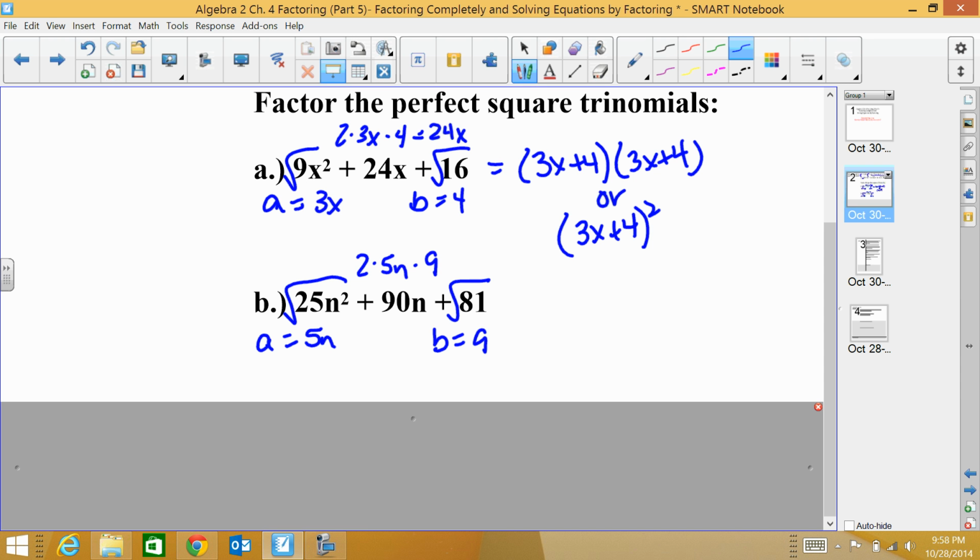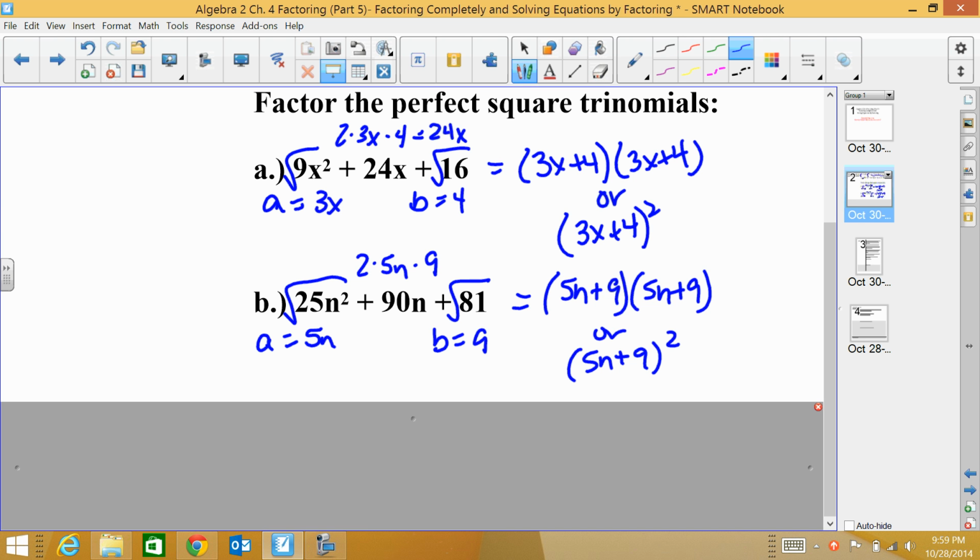So I can tell that it's a perfect square trinomial, so I just use my pattern. My pattern would be that I would take the value of a plus b times a plus b. So I would take 5n plus 9 times 5n plus 9, or I could have also written it as 5n plus 9 squared. And if I check by double distribution, it will come out to be this answer.